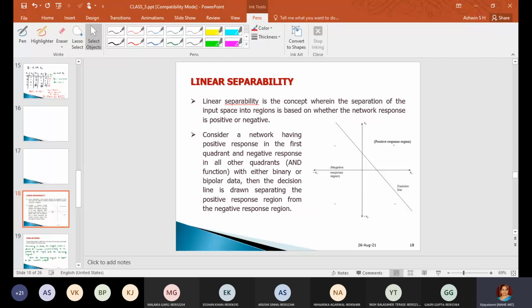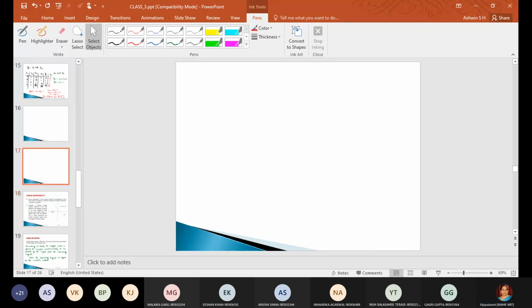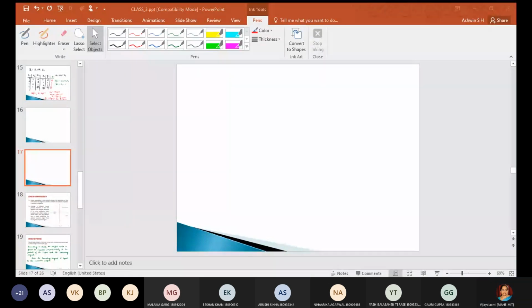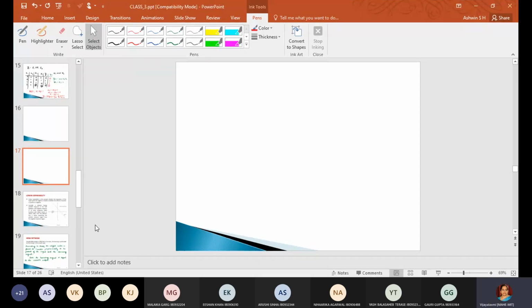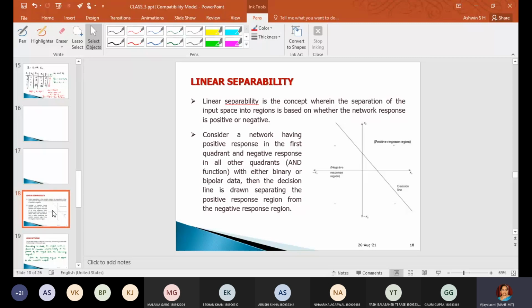Now one more concept. It is called linear separability.